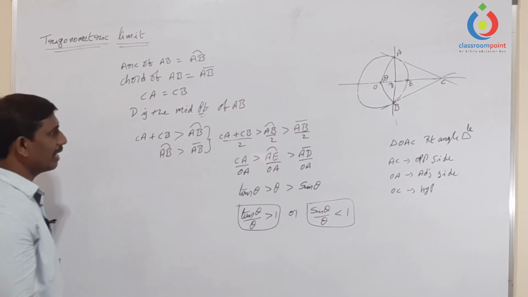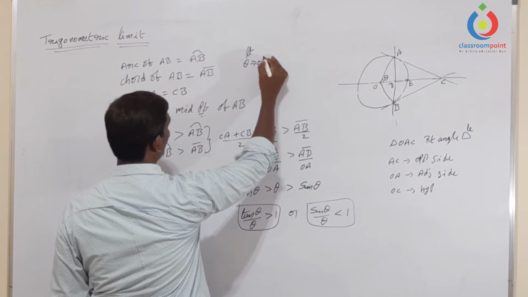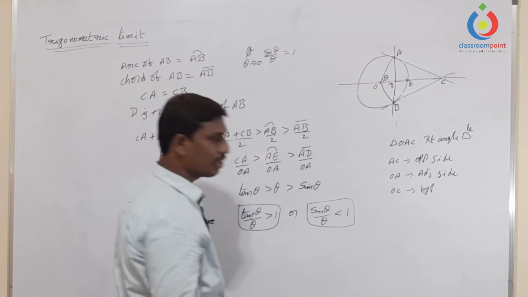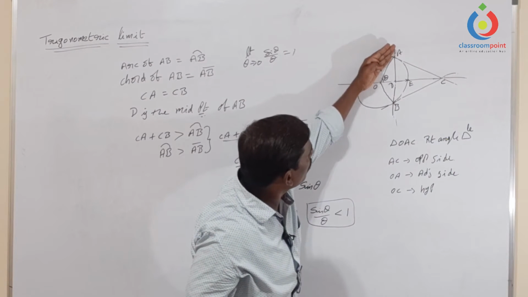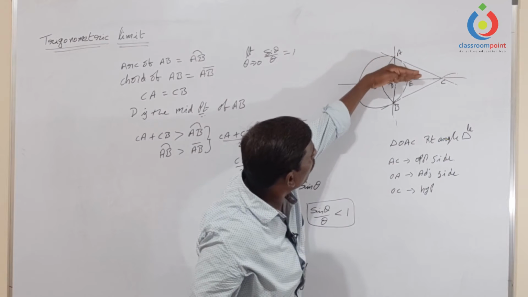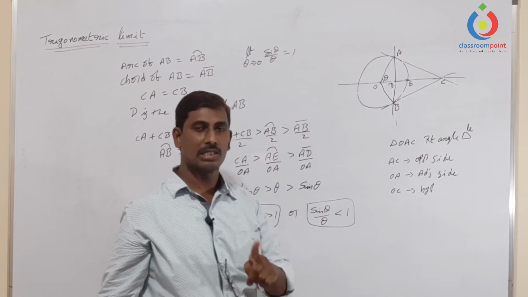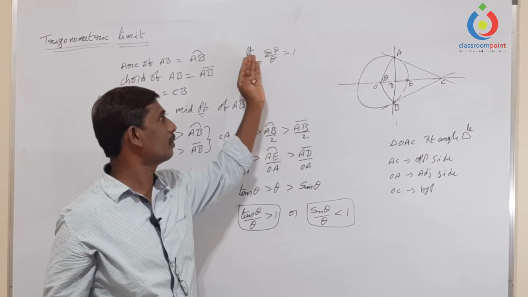Sir, why do they take the limit as theta tends to 0, sin theta by theta is equal to 1? Simple thing: this OA can go to the nearby OC, then the angle will be going to 0, theta tends to 0.